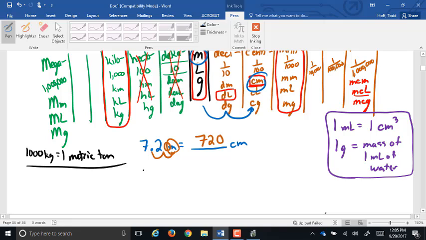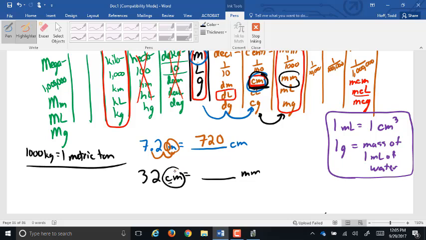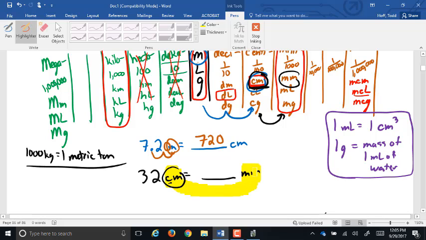But it could be like 32 centimeters going to millimeters. So here's centimeters, I'm going to millimeters. So I'm going to start here and go to millimeters. Whatever this first unit is, that's where you start, and you go to where the second unit is, because we are converting from centimeters to millimeters.